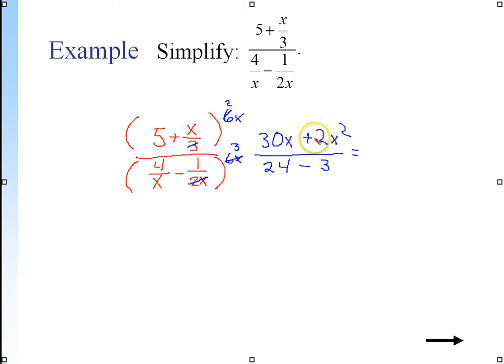Could factor out a 2x, but that really is not going to make any difference because down here this is going to become a 21 in our denominator. And we could put this in descending order. I don't know what they're going to do, but we'll see here shortly.